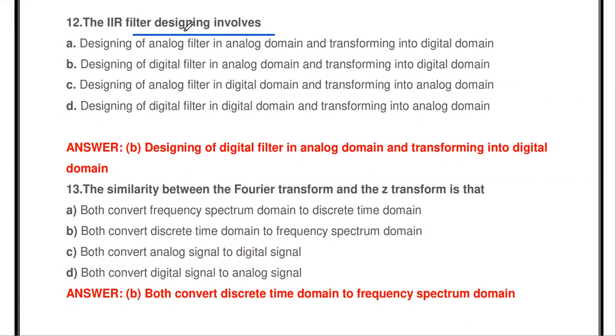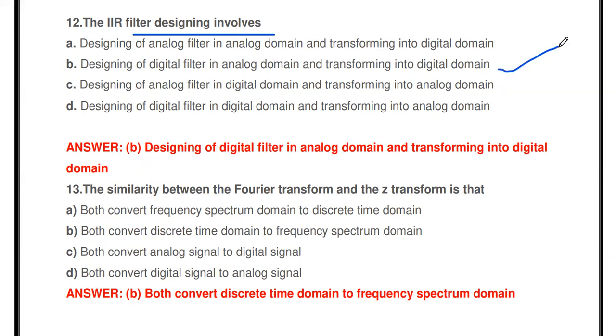So here you see, IIR filter design involves: designing an analog filter in analog domain and transforming into digital domain; designing a digital filter in analog domain and transforming into digital domain; designing an analog filter in digital domain and transforming into analog domain; designing a digital filter in digital domain and transforming into analog domain.